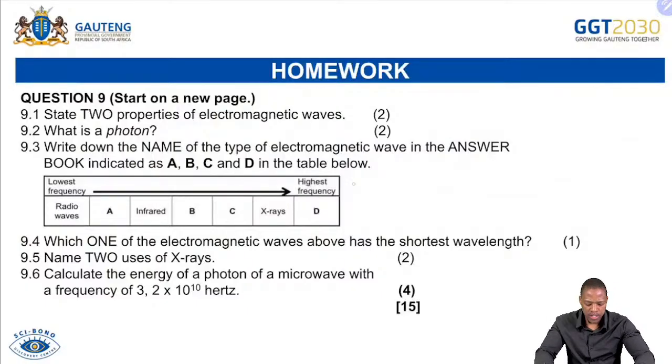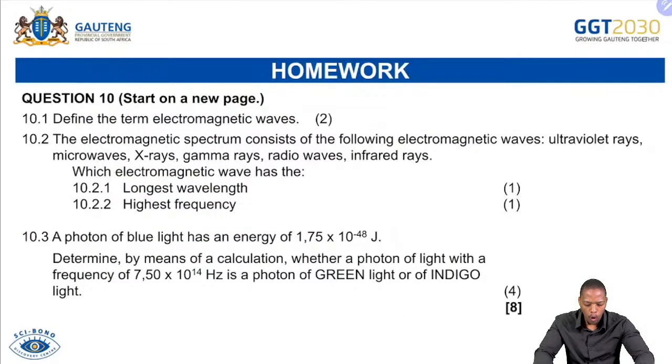Which one of the electromagnetic waves above has the shortest wavelength? Name two uses of X-rays, and then calculate the energy of a photon of a microwave with the given frequency. This one looks exactly like the one that we were doing in our example. We have two homeworks there.